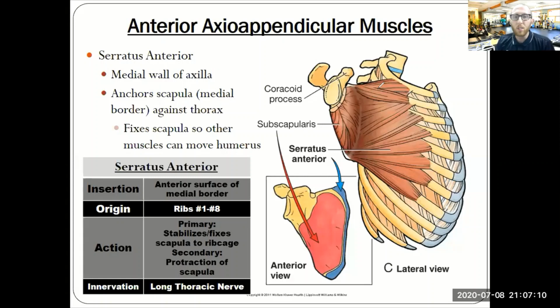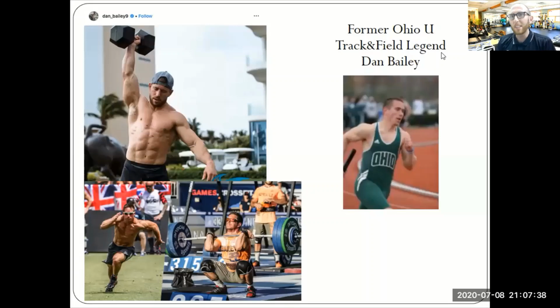A nerve that you definitely will want to know is the long thoracic nerve. I love asking questions about the long thoracic nerve because there's a lot of issues that can occur with that nerve and thus affect the serratus anterior. Here's an OU track and field legend, Dan Bailey, who actually was ranked top 10 for multiple years in CrossFit.